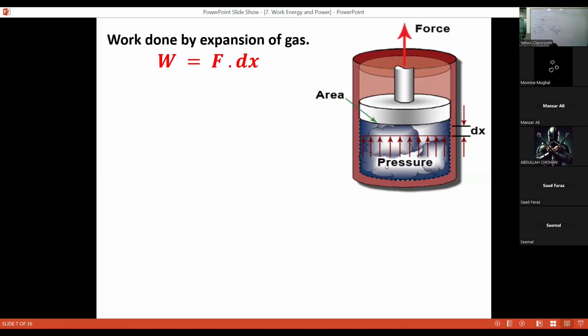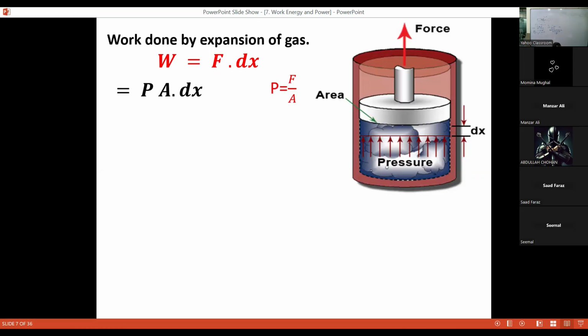How much force does it exert? In that case, remember, pressure is equal to force over area. So force exerted by the gas will be pressure into area. If you multiply pressure into area into distance, that will give you the value of the work done by the gas in pushing the piston away.